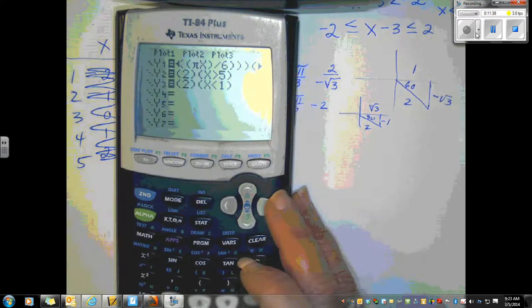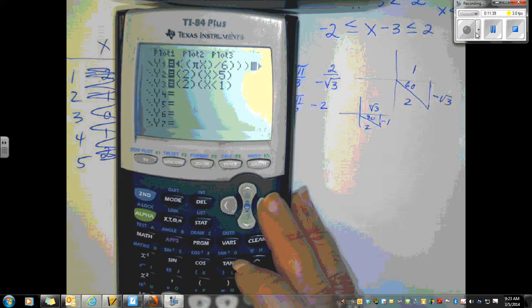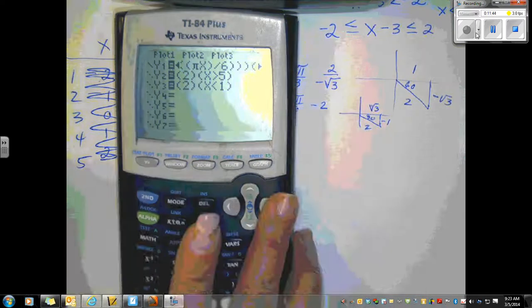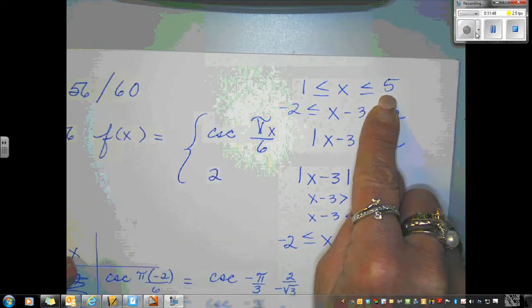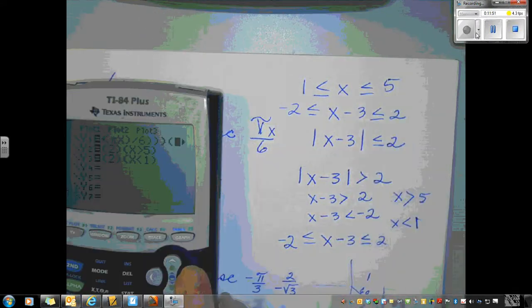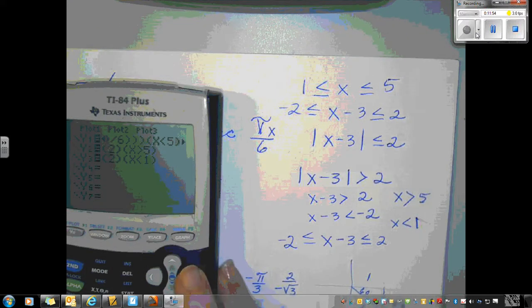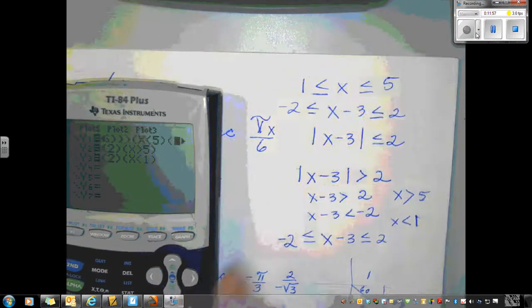Now, the next part is you have to tell it the section you want to graph. So I wanted to graph when x is less than 5 and x is greater than 1.